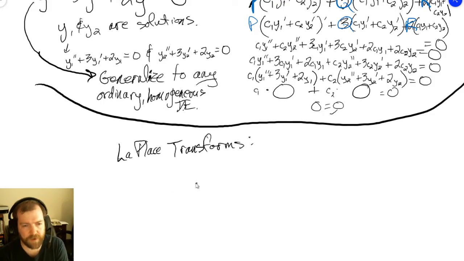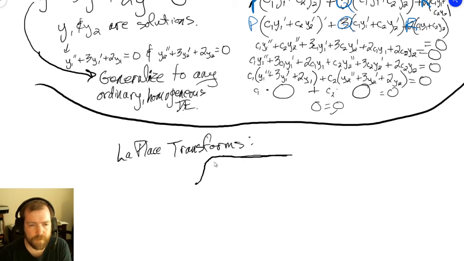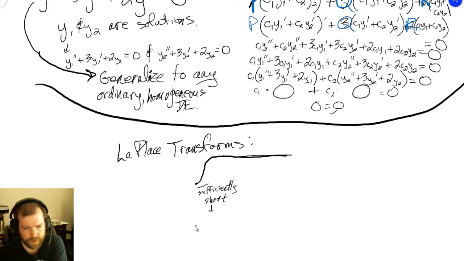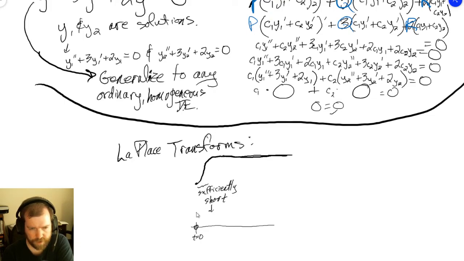Realistically, rocket forces can increase to a particular level and then stay more or less constant. But if this is sufficiently short, then it's roughly equivalent to saying that we had T0 and then it jumps up to whatever your value is for this.